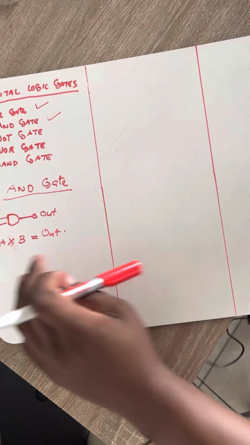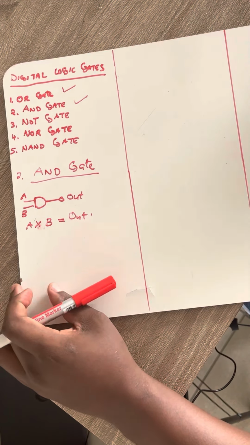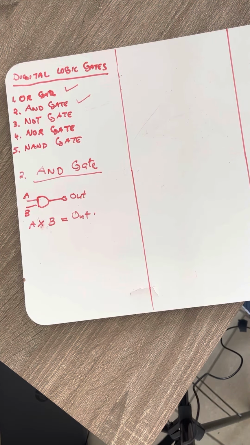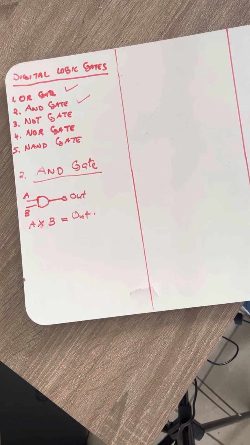This means both inputs depend on each other. If the output has to be true, both inputs have to be 1. If you have one input as 0, then the output is 0. So there can only be one true output case.